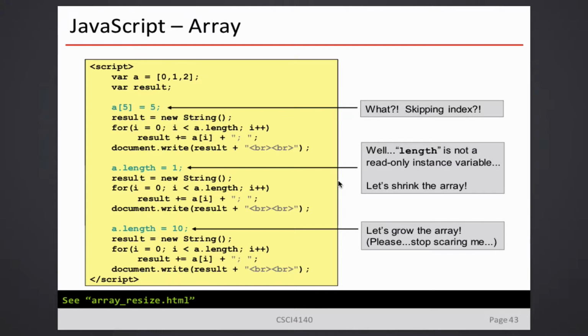Abnormal part number 1. How big is this array? 3 elements. I do this: array[5] equal to 5. What will happen? I set it, then I loop through every element and print the results.